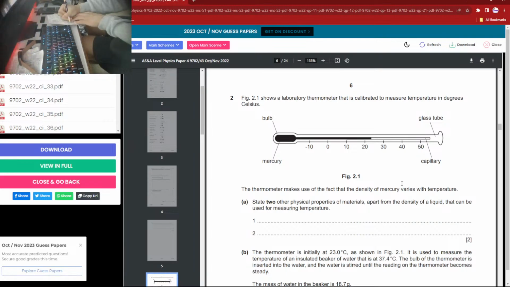And the last one would be just a very simple one, the EMF of a thermocouple. So you've learned about thermocouples in O levels already. It's like really sensitive needle tips to measure really sensitive changes in temperature.